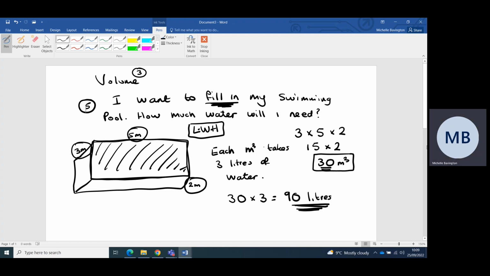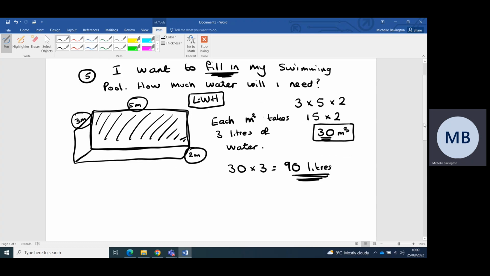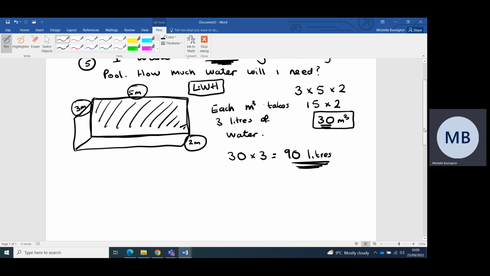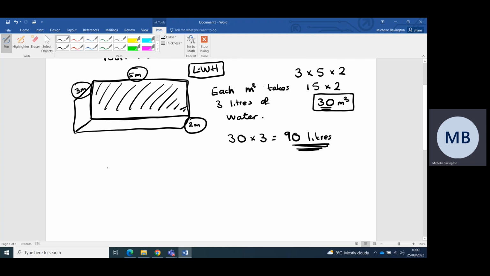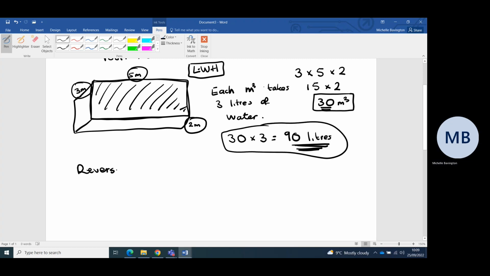Okay, 90 litres. Now, a reverse on this could be, nice and easy, for our reverse, we could do 90 divided by 30, opposite, divide, right?